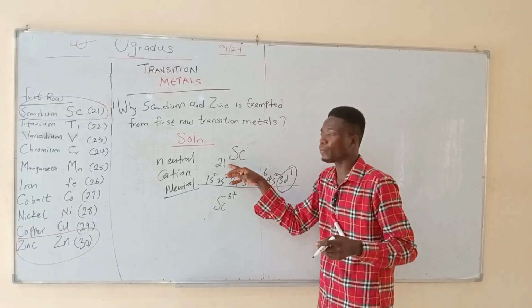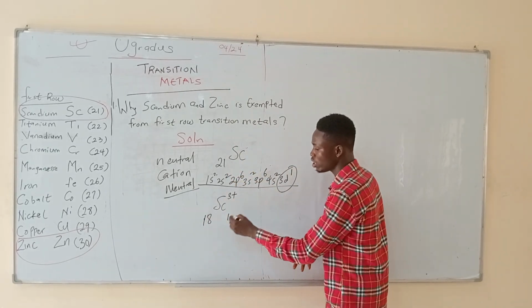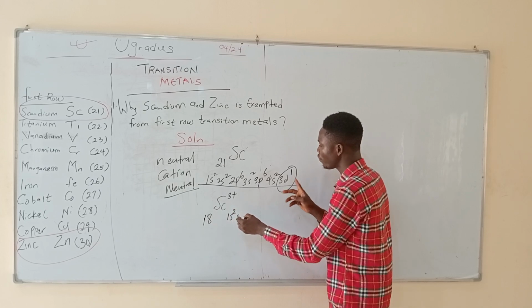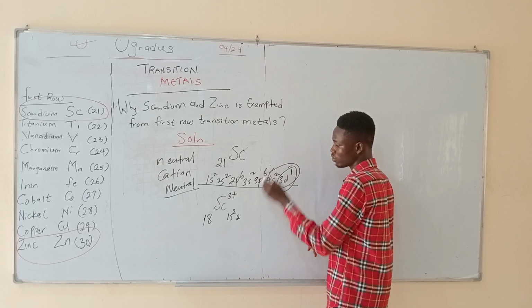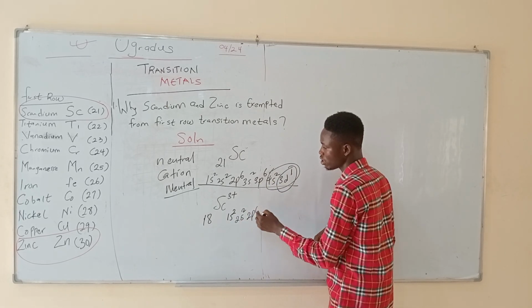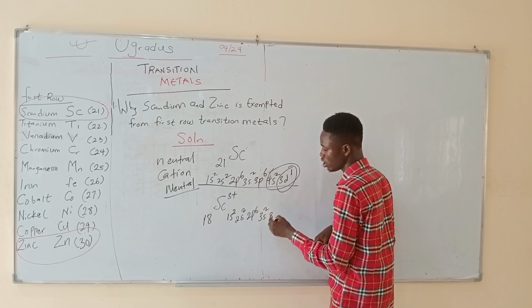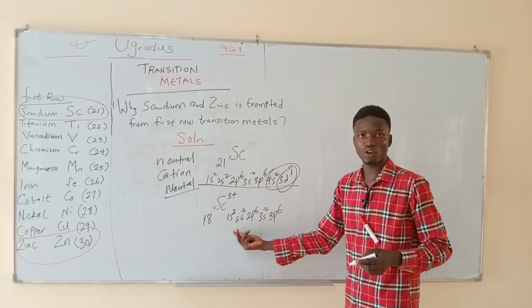So if scandium loses 3 electrons out of 21, how much is left? 18. That means if you are going to configure, you are going to remove 3 out of this. That means this one and these 2 have to be ruled out. What you'll be left with is 1s2, 2s2, 2p6, 3s2, 3p6. And if you check this configuration very well, it is the configuration of argon.